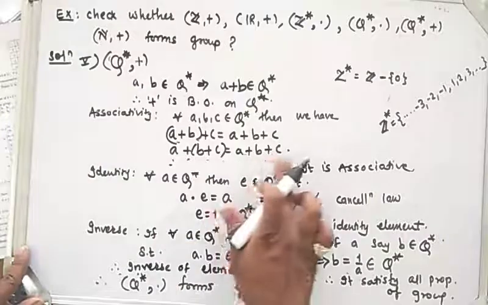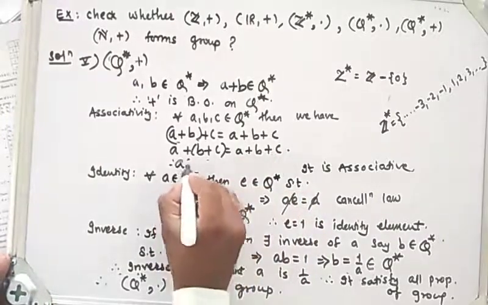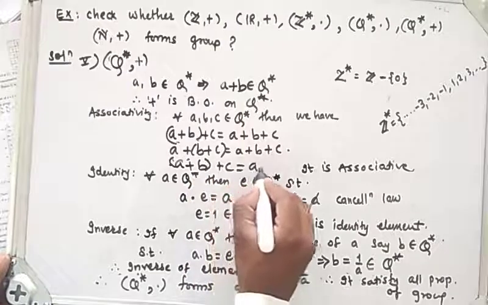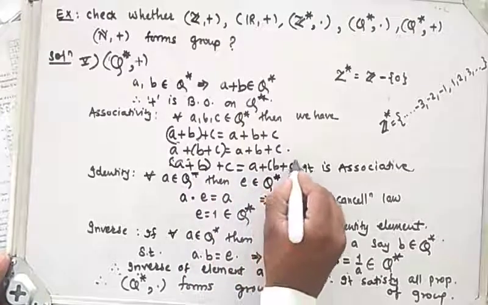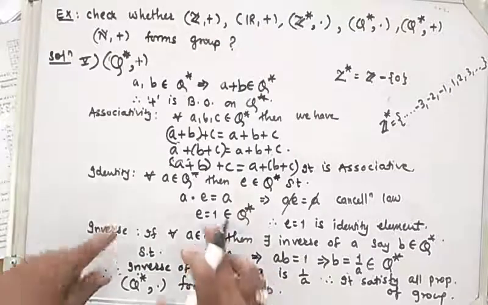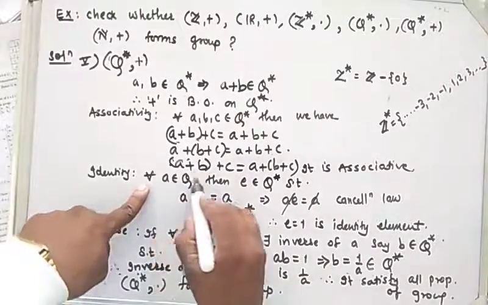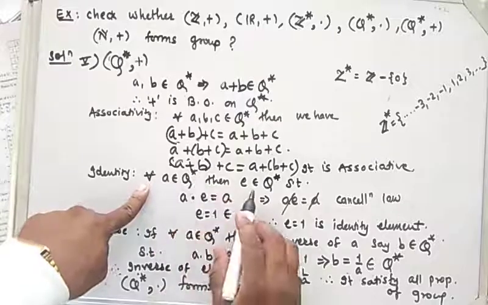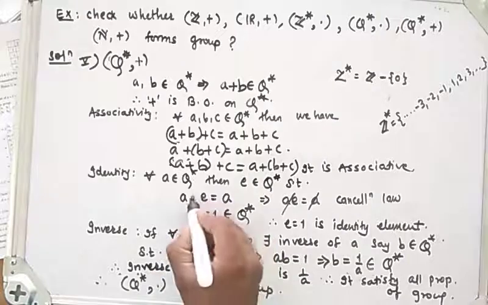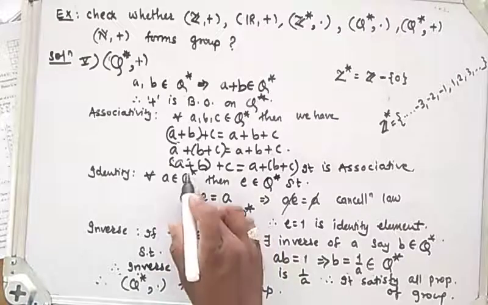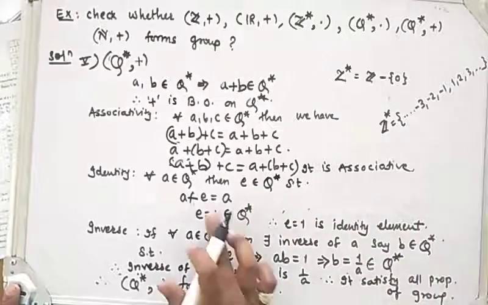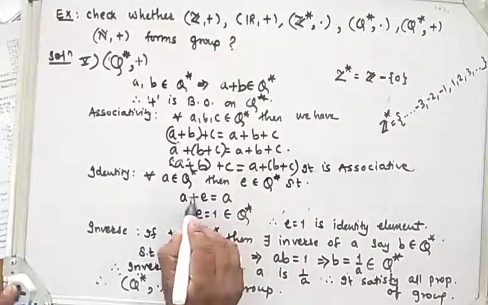Therefore (a plus b) plus c is equal to a plus (b plus c). Therefore it is associative. Now for the identity element, for all a belongs to Q star, there exists an identity also belonging to Q star, such that here the operation is addition, a plus e is equal to a, right?